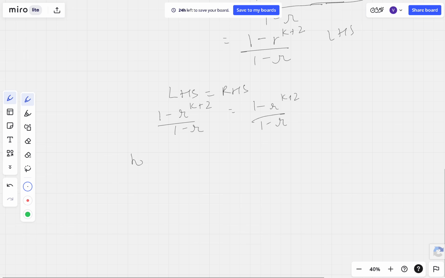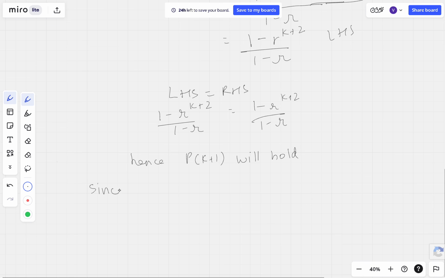So we're just going to write, hence P of k plus 1 will hold. Now, I'm not sure about other curriculums, but especially in the IB, the conclusion has a certain weightage in your answer. So you can write this as the conclusion.